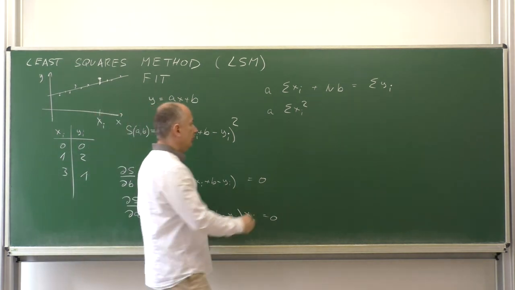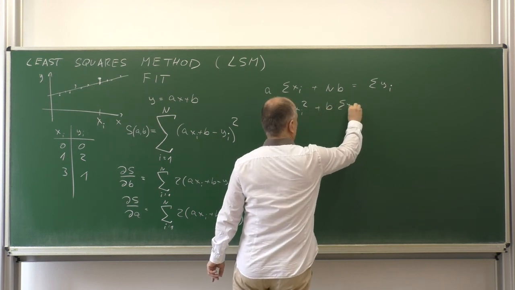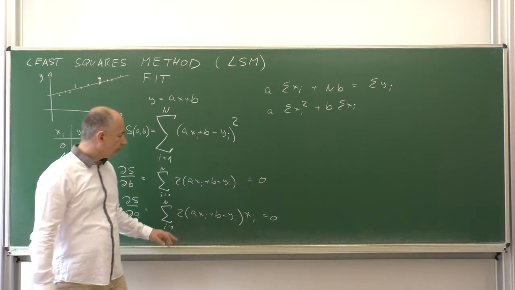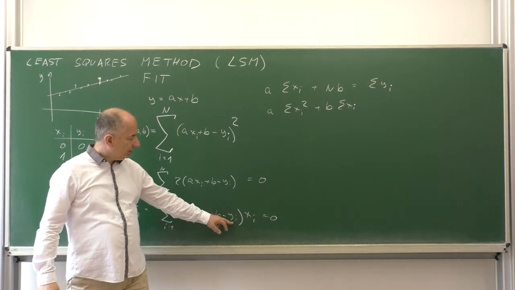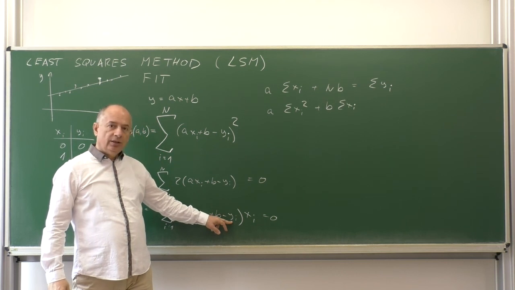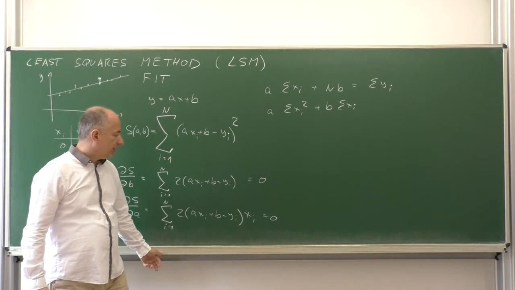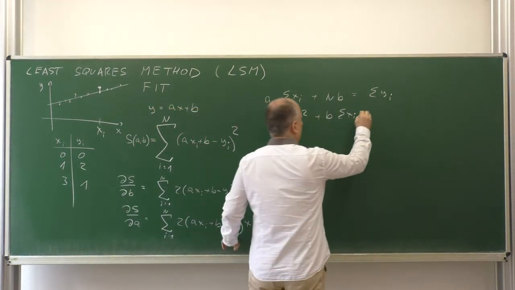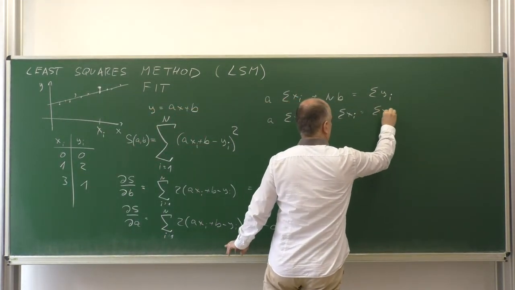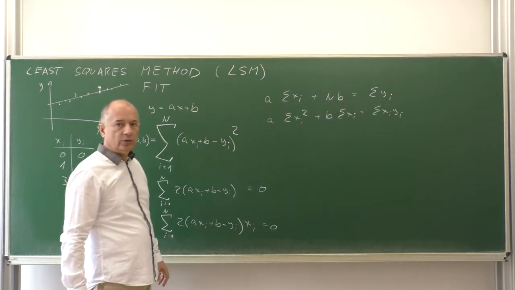We can factor out b, and we have the sum of xi. And this term, multiplied by x, does not contain the unknowns a and b, so we can move it to the right by adding the sum. And we have the sum of xi times yi, again with i running from 1 to capital N.